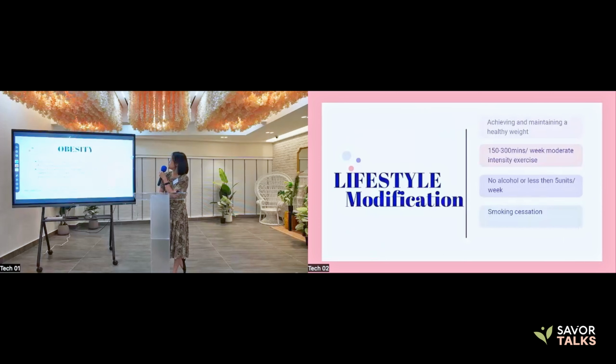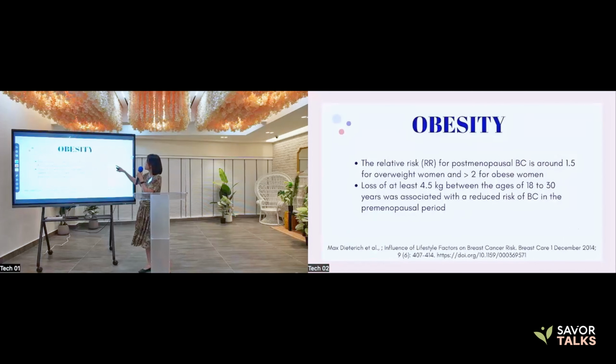If you're obese, the relative risk of breast cancer is around 1.5 for overweight and double the risk for obese women. So if you do not reach the ideal body weight, and you're able to lose 4.5 kilo between 18 to 30 years old, you're able to reduce the risk of breast cancer. So it's very important to maintain a healthy range of weight.